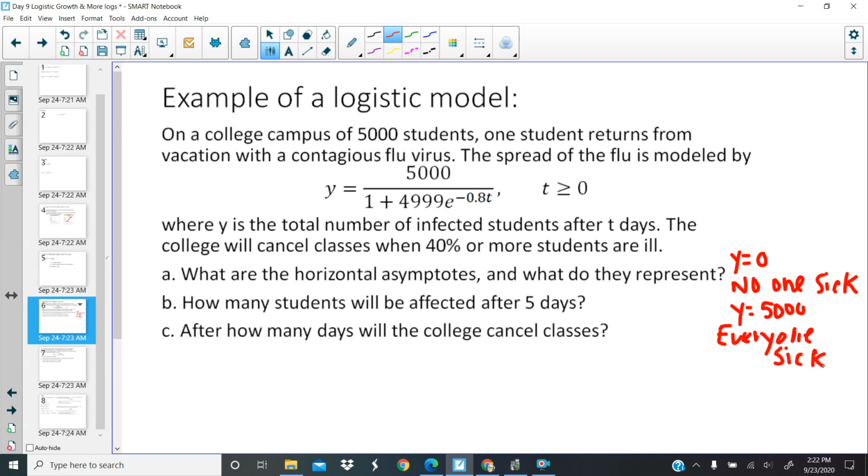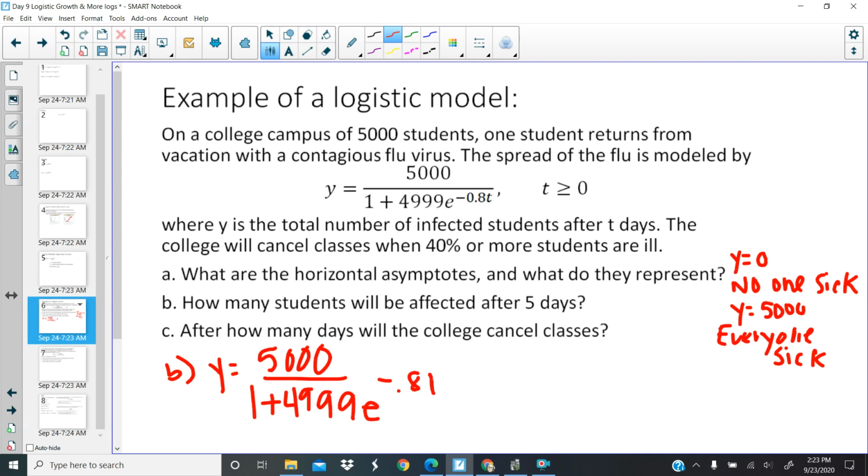And then B wants to know how many students will be affected after 5 days. So I'm just going to write B down here and start writing from down here. For that, you would have y equals your equation: 5,000 divided by 1 plus 4,999 e to the negative 0.8 t.